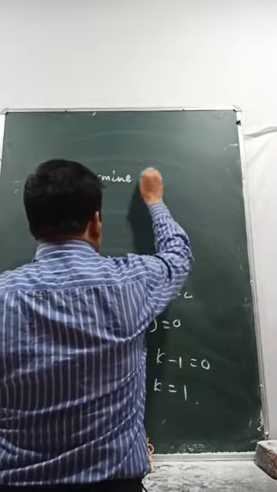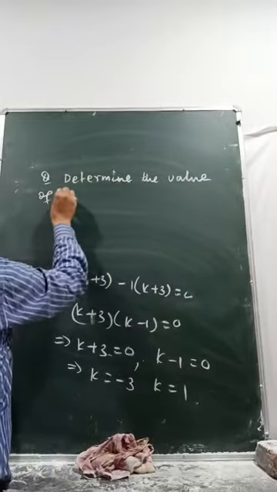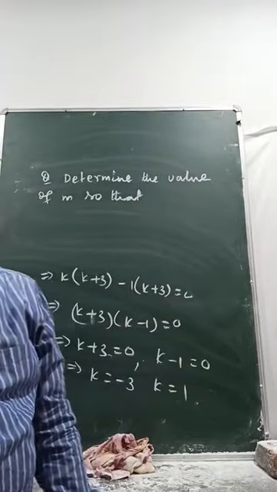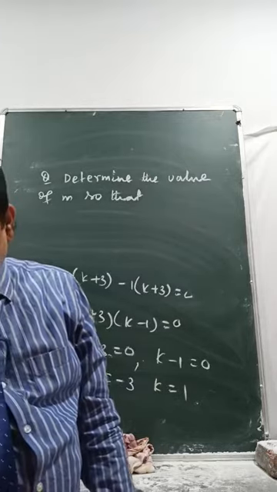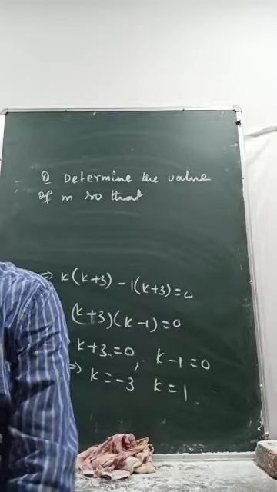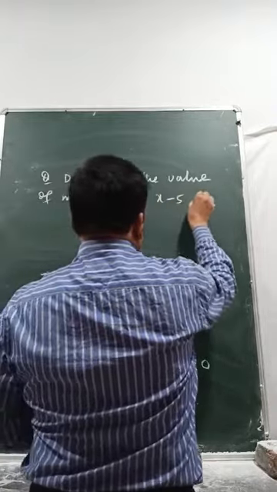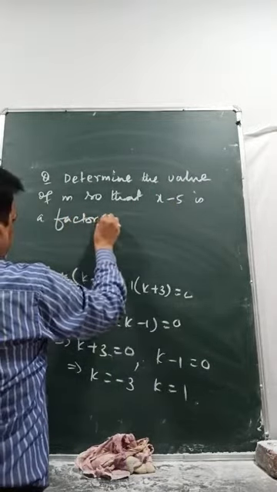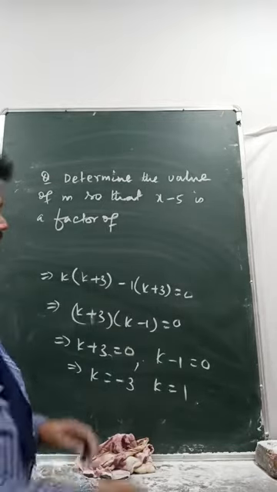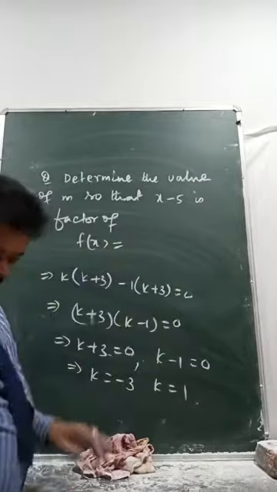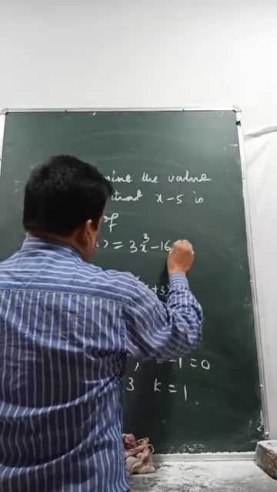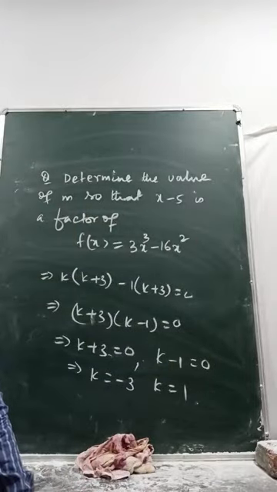Determine the value of m so that x minus 5 is a factor of f(x) equals 3x cube minus 16x square plus mx plus 50.